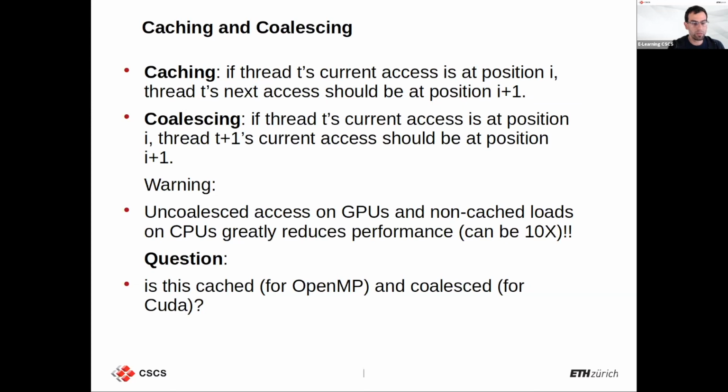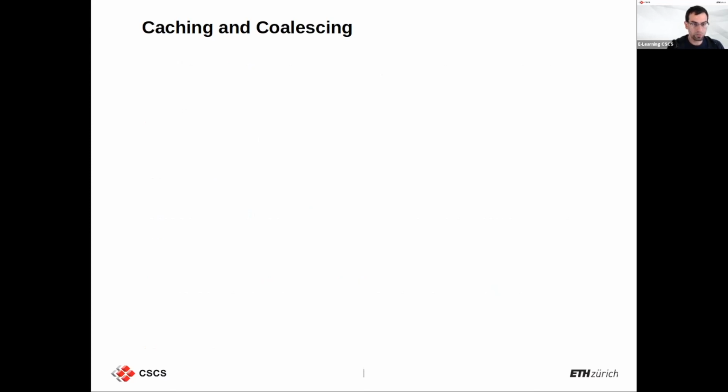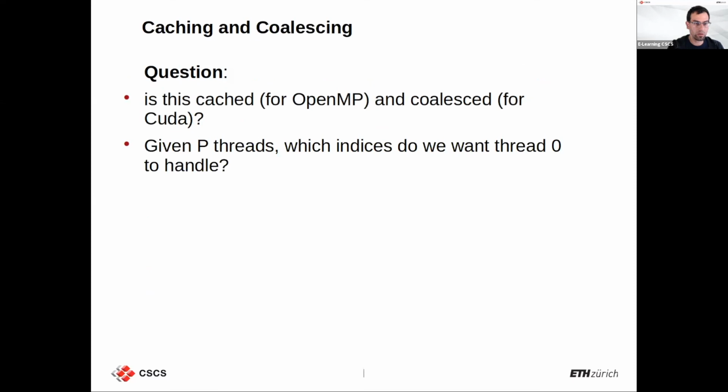So it means that for OpenMP it is cached and for CUDA coalesced. And given P threads, which index do we want to have on thread 0 to handle? There are the two ways.